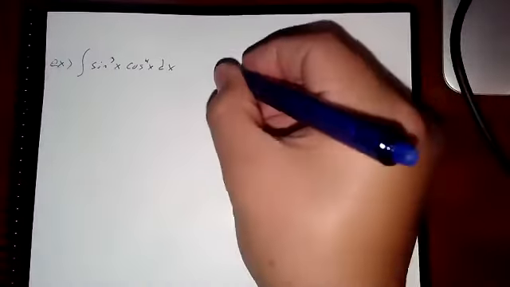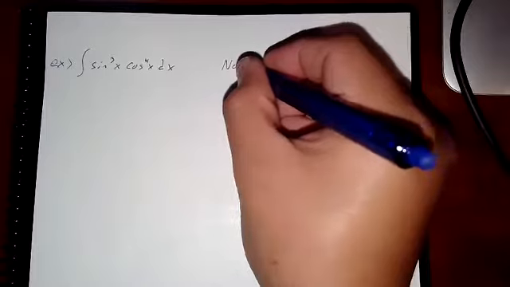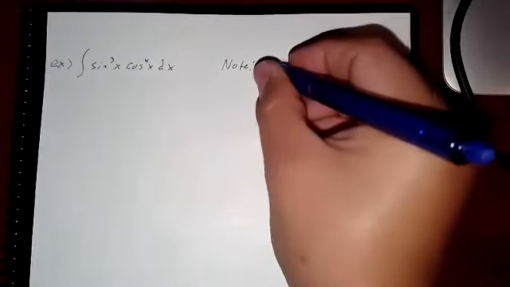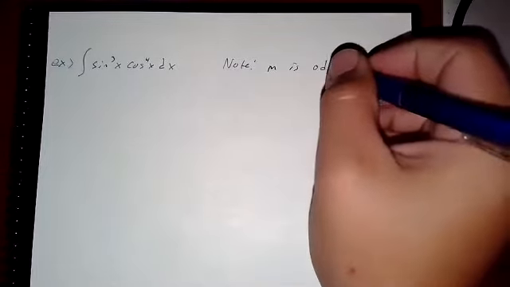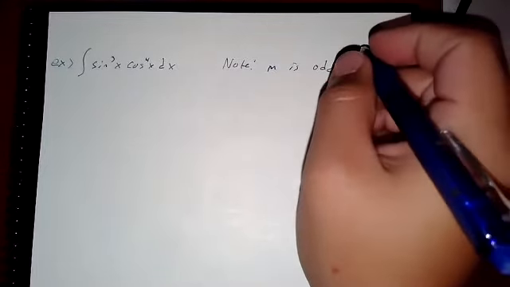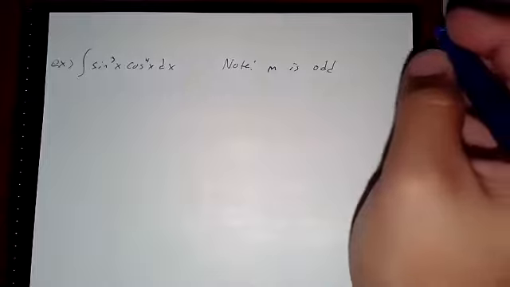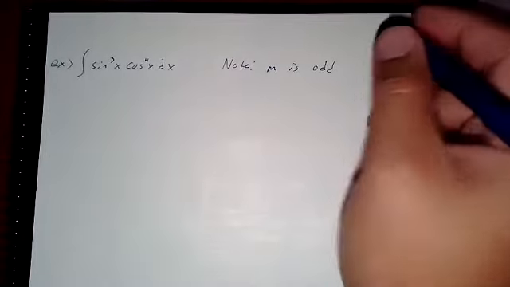So note that m is odd. So we're going to factor out a sine and convert it all into cosines. You're using that first one.